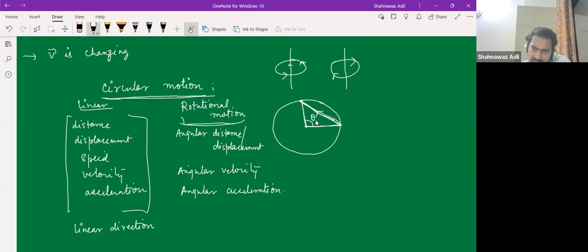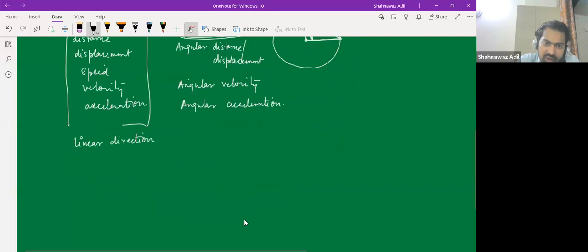This is the displacement that it covered angularly, so this is called the angular distance or displacement. Is this clear to you guys? Okay, so now let us write all these quantities.